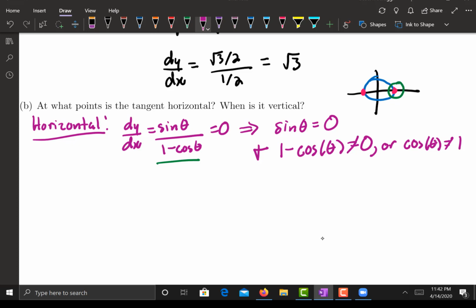And what that means in my unit circle is I have to guarantee that I never land at that point to give me a horizontal tangent line. And the way that we can guarantee that is the following.